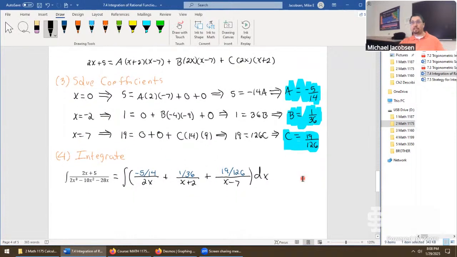So here's how it goes. Notice all the denominators are x to power 1. That means we're just going to get 3 natural logarithms with absolute values. But regrettably, my first one is kind of the trickiest one. Let's view this as scratch work and see how this could go. If I was going to integrate that, I would revisualize it as -5/28 times 1/x dx.